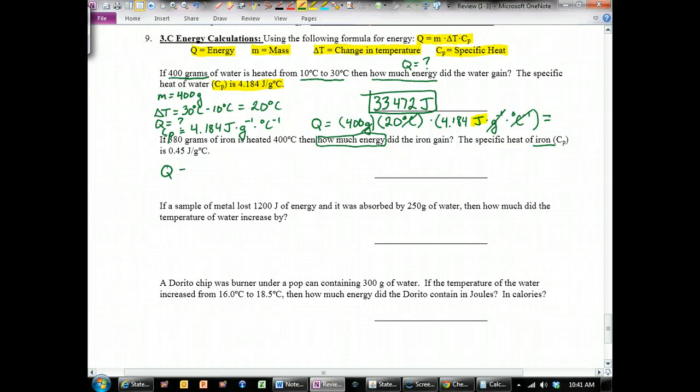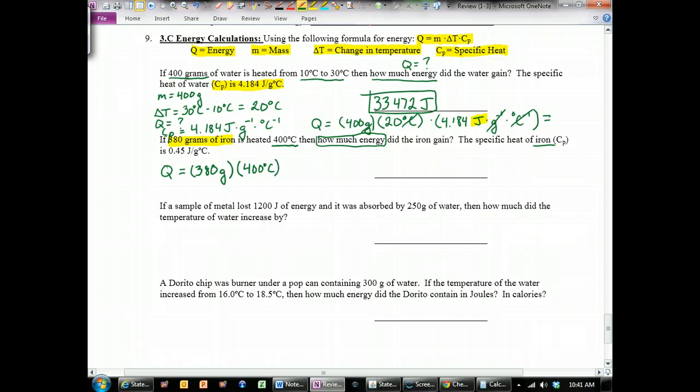Q is equal to the mass of the object, which in this case is 380 grams of iron, and we multiply it by the change in temperature. It already has the change in temperature calculated. It tells us it's heated 400 degrees Celsius, so that is our change in temperature.